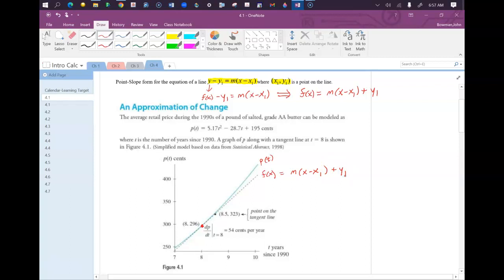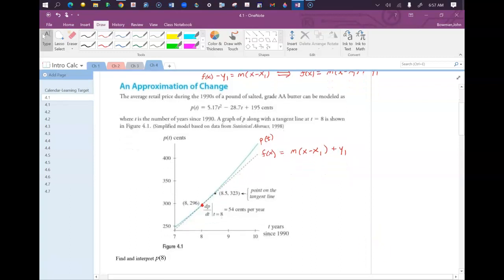Then we'll plug in some other point near the point of tangency, and we will use that to estimate the value of the function. You can see a little to the right of the highlighted point, there's a point with coordinates 8.5, 323, and that's a point on the tangent line, but that should be very close to the value of the function if that point is close to our point of tangency.